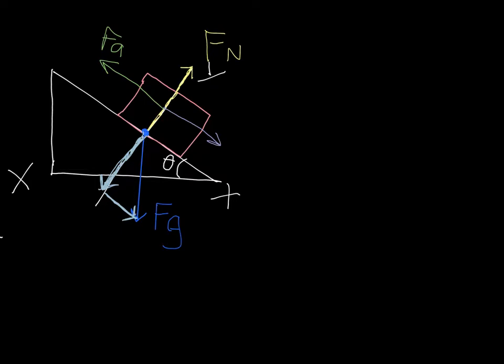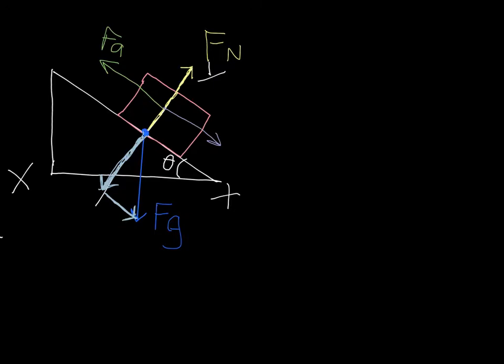We don't want it to be flying around. It should be at rest on this y-axis. We don't want it to go up and down. Otherwise, it would be either flying off or the plane would break. That would tell me that this force here has to be equal and opposite to this force down here.